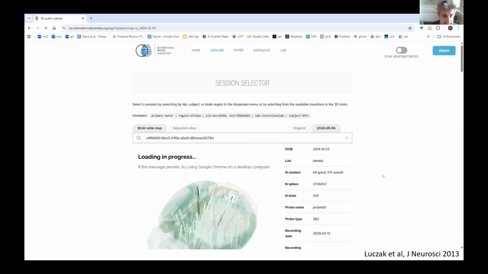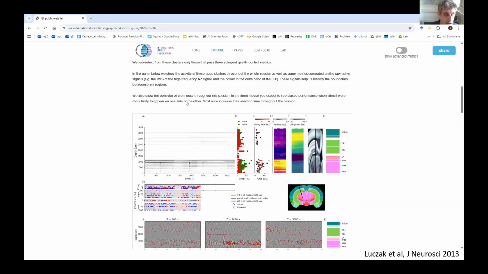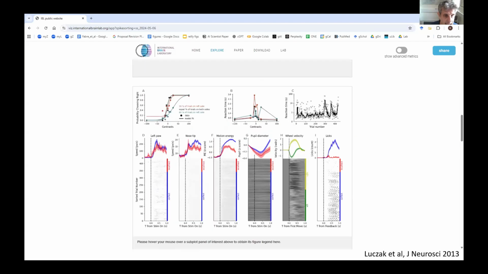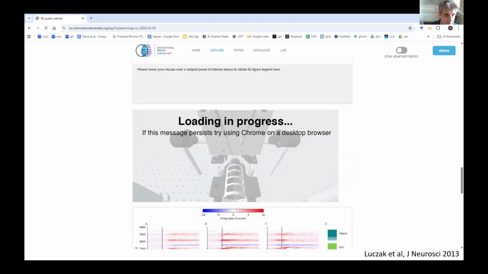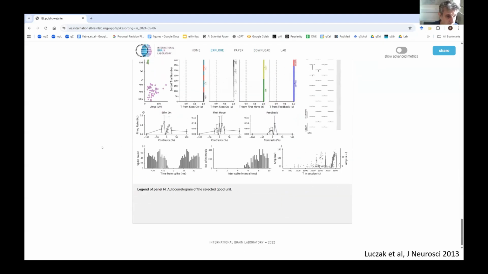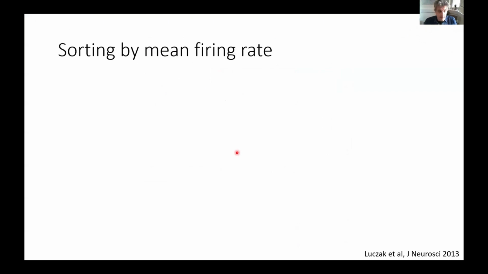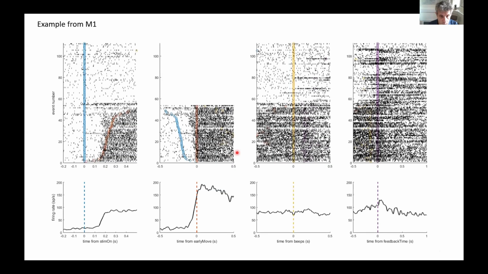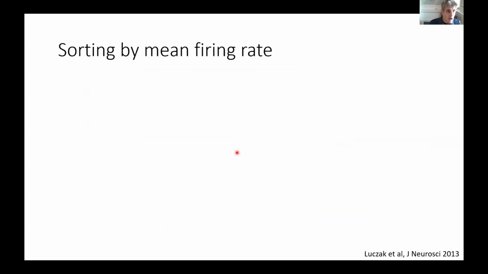And it's got an interface that lets you see rasters like that. And I'd really encourage you to have a look at this website and just look at so many of these neurons that you eventually get the idea for what they're doing, because there's really no replacement in terms of understanding what these neurons do for just looking at a huge ton of data. And the International Brain Lab have this website with this lovely interface that you can use to do that.